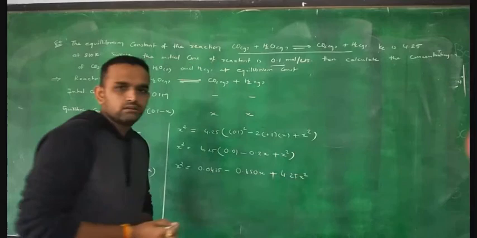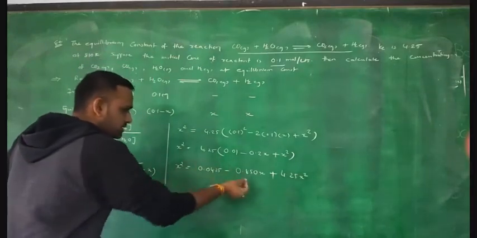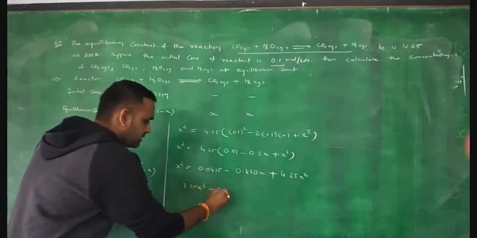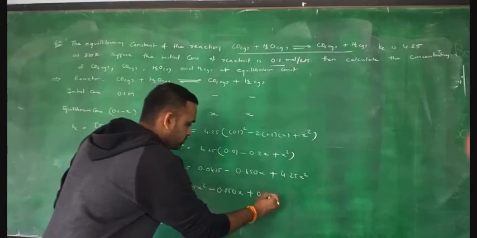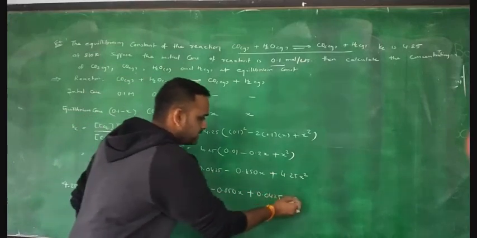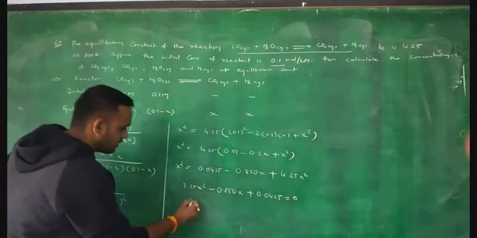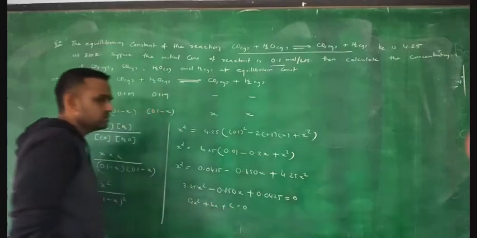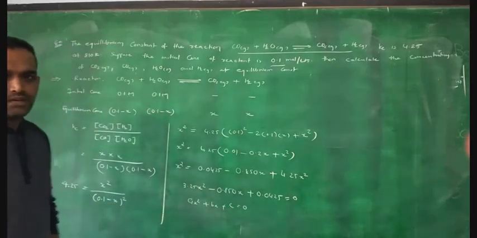Is it clear? Right? Now put here the equation, it becomes this minus x square, so 3.25x square minus 0.850x plus 0.0425 equals 0. Understand? Now you want ax square plus bx plus c equals 0. Now this is how you can calculate the roots.